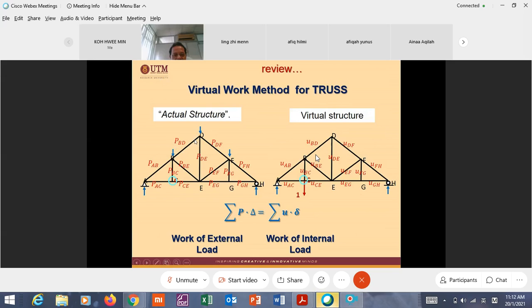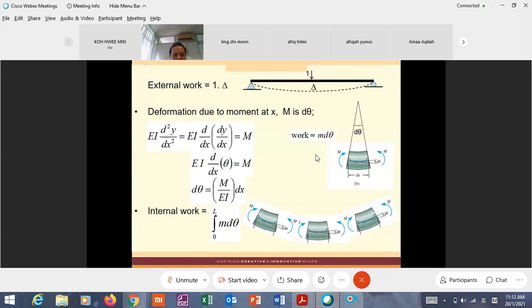Similarly, in this case, for the axial force and bending moment, work is equal to the rotation, the deformation in terms of d theta, which forms a radial here, multiplied by the moment.